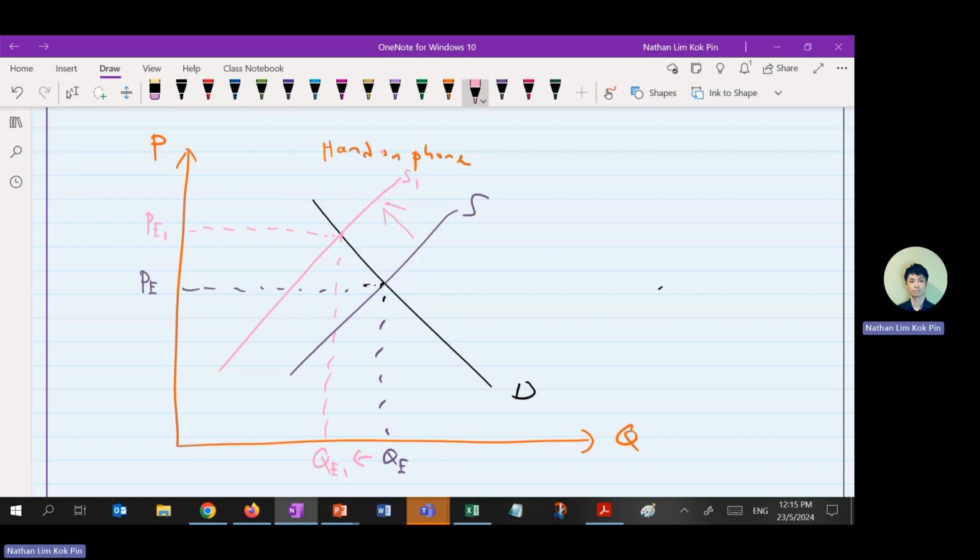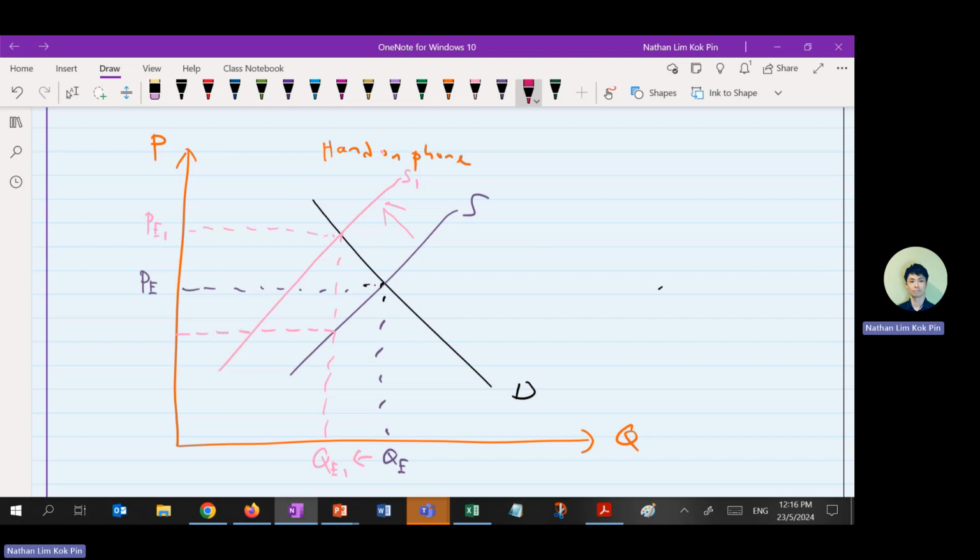Then the last horizontal dotted line, I draw it to the old supply curve, like that. Make sense so far? Okay, can or not?